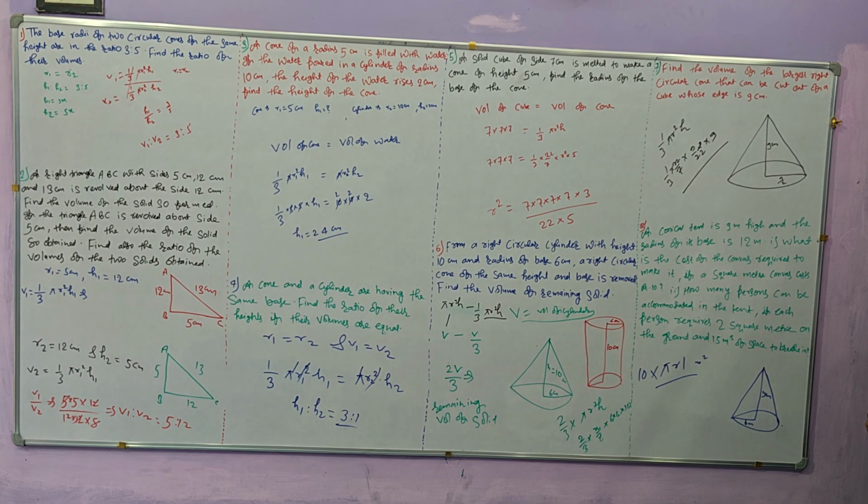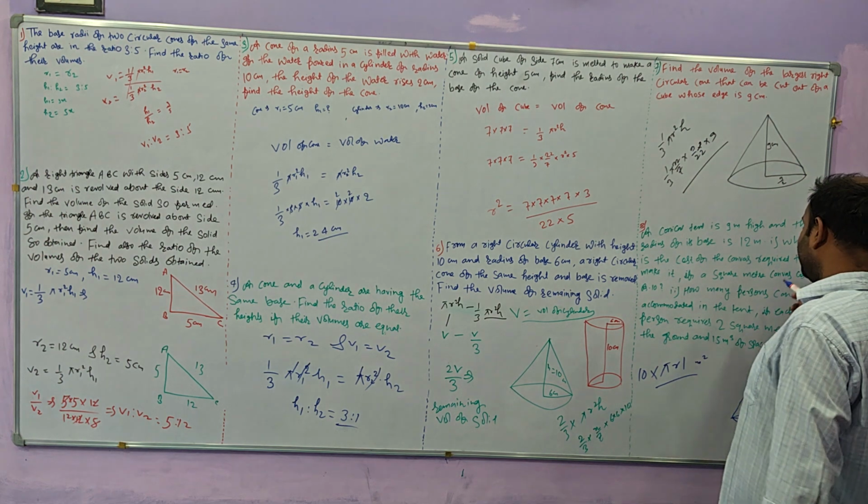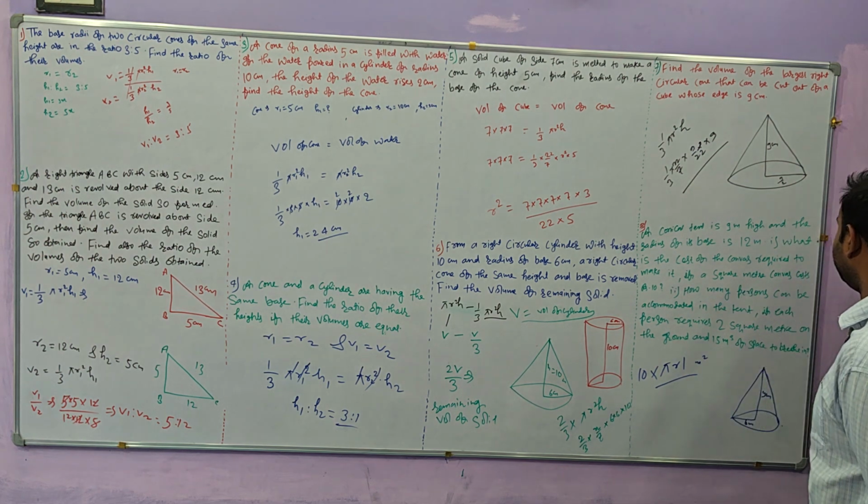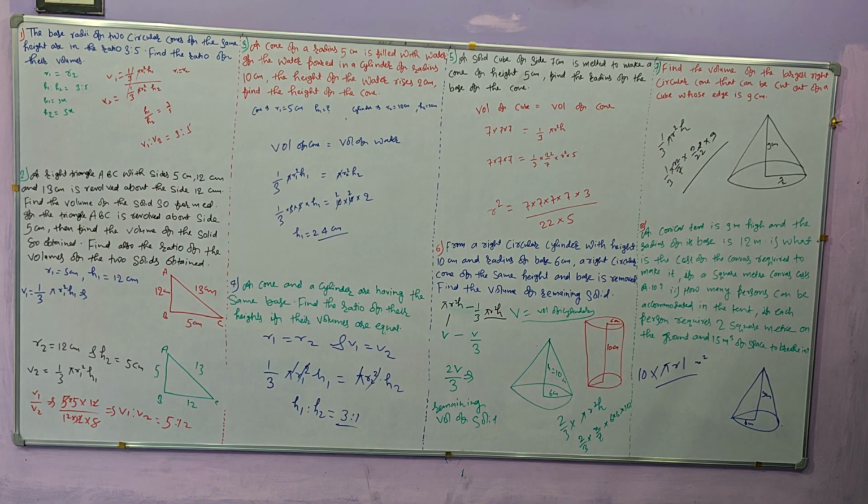Now, in another part, how many persons can be accommodated in the tent if each person requires 2 square meter on the ground and 50 meter cube of space to breathe?